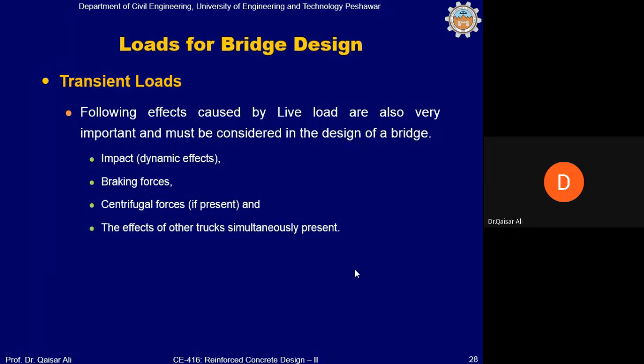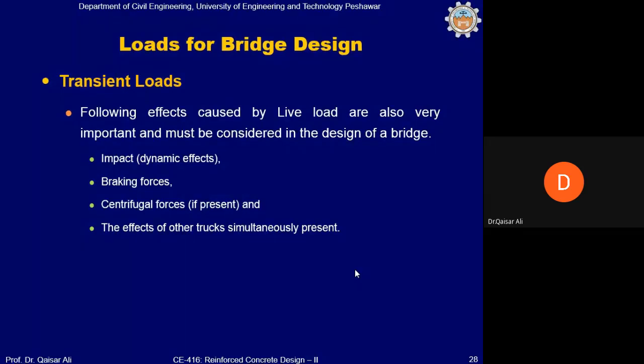When a vehicle applies its brakes, the braking force is due to friction between the tires and the bridge, which will also transfer some forces to the bridge. These forces shall also be taken into account in the design of bridges. If a bridge is in a curve, then centrifugal forces will also apply. These shall also be taken into account in the bridge design.